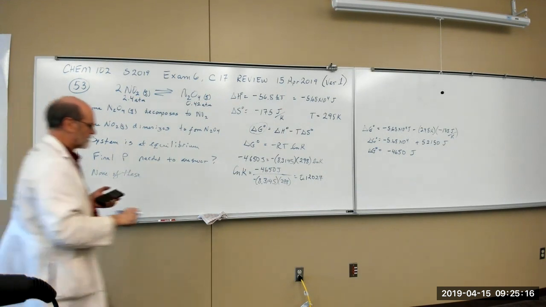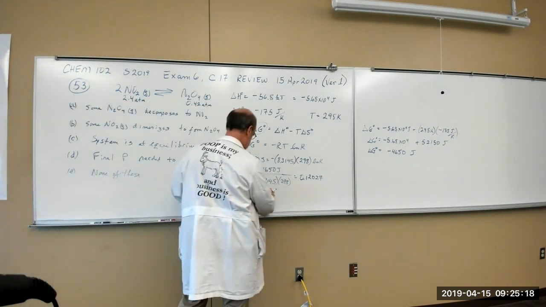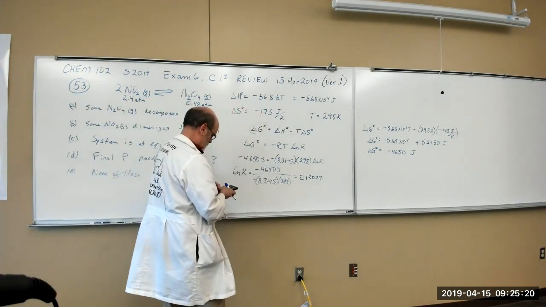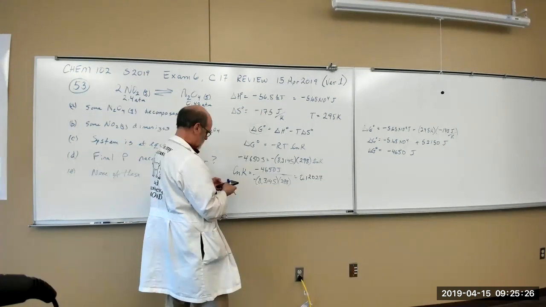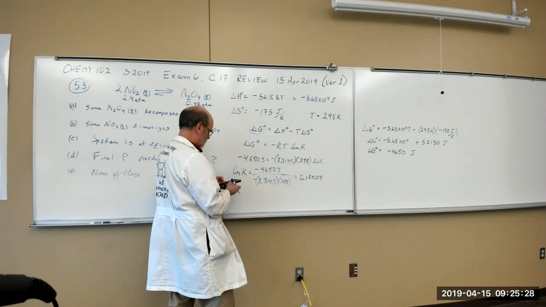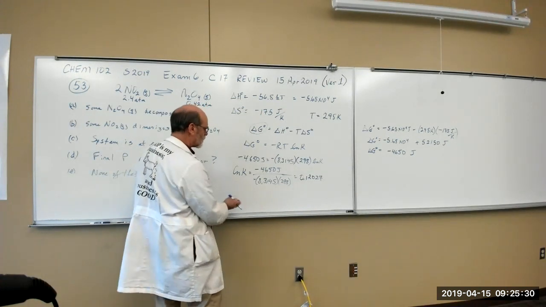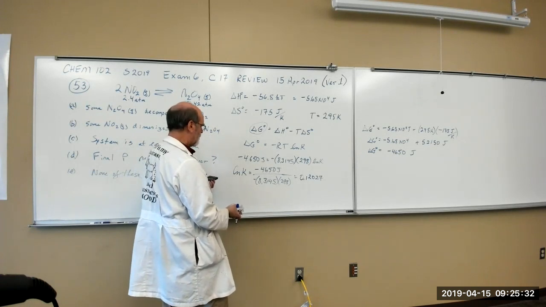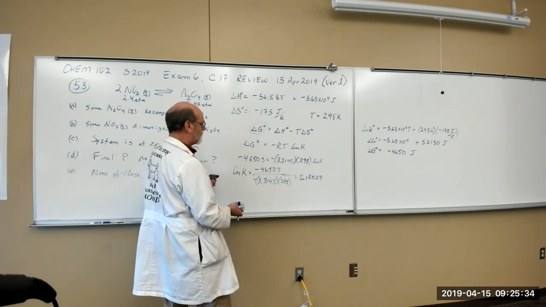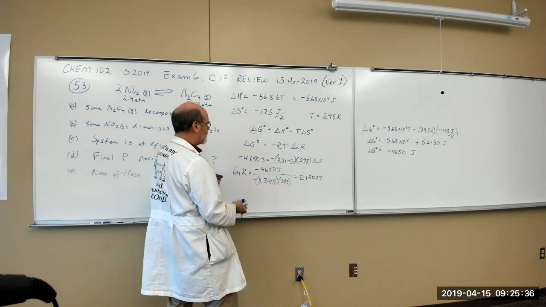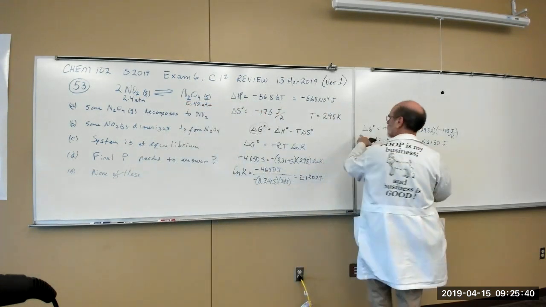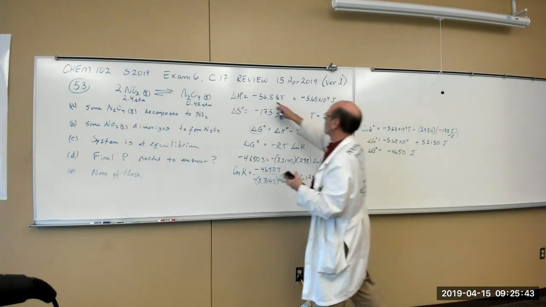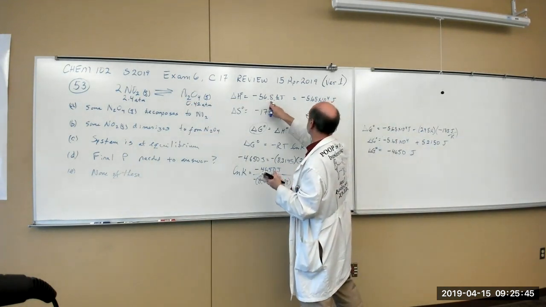No, I didn't do that right. We do this one first. 8.3145, 298. Okay, I did something wrong. How about this one? Did I do that one right? Kilojoules. Yes.